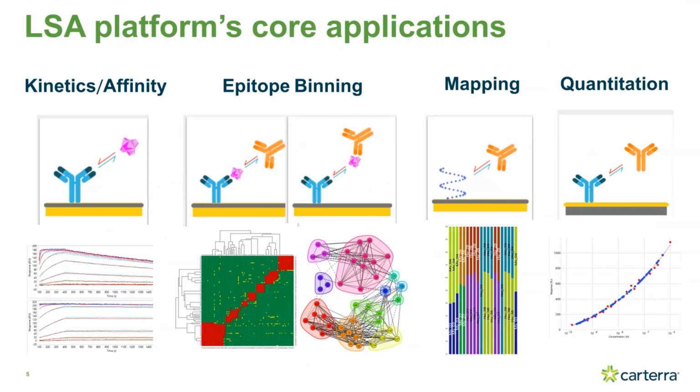So in addition to having a hardware architecture that really streamlines and makes these processes easy and efficient, we've put a lot of effort into generating really industry-leading software that makes both for quick processing of these really large data sets, but also really excellent visualization and utility of the data. We have a software module called Kinetics, and then we have a sophisticated epitope analysis tool that has some great visualization techniques like these network plots that you can see here.